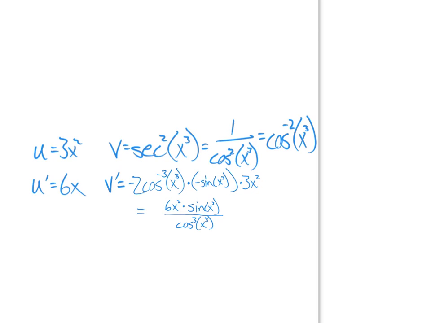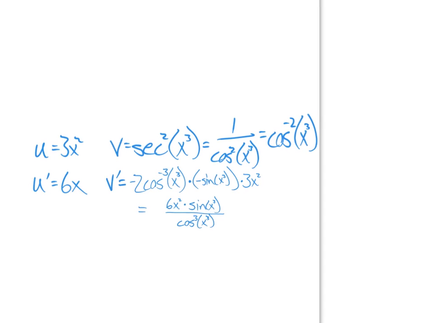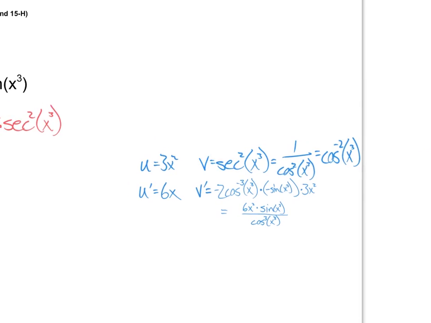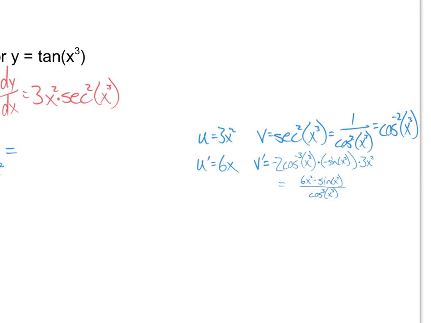Alright, now we have everything we need in order to use our product rule. So let's start doing that. We've got u prime times v. Well, v was secant squared, or I'm going to use 1 over cosine squared since my v prime has the cosine cubed.